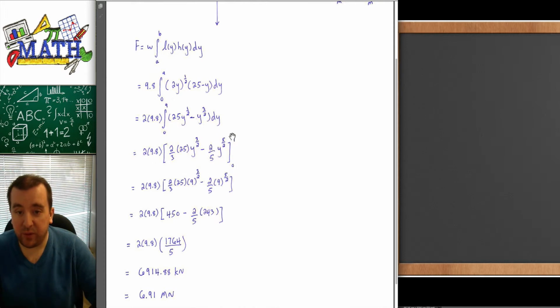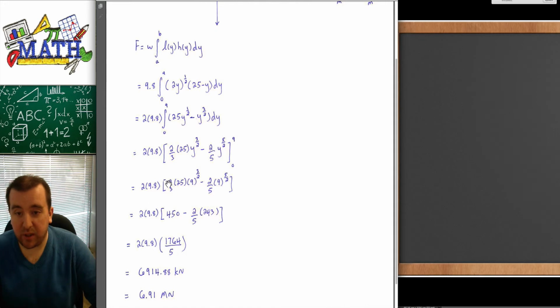And then we're integrating from 0 to 9, so we substitute in our 9. We don't need to substitute in 0 because 0 gives us all zeros anyway, so we'll just substitute in the 9. And if you go through the math here, you'll get the square root of 9, right? 9 to the 3 over 2 is the square root, then cubed. So that's 9, square root of 9 is 3, raised to the 3 is 27, divided by 3 here is 9.